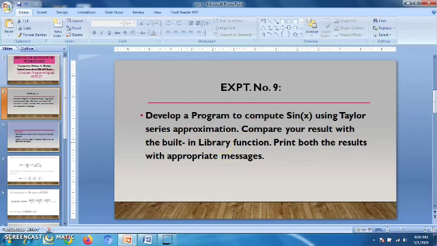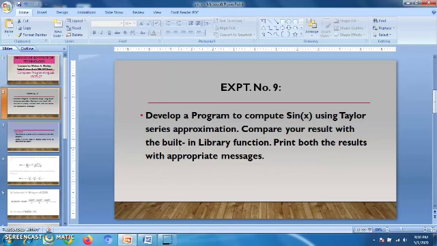You are already aware of built-in library functions. In C there are some functions that are already available, and you can directly use them. The best example is in the quadratic equation program, where we used the function sqrt to calculate the square root of the value d.